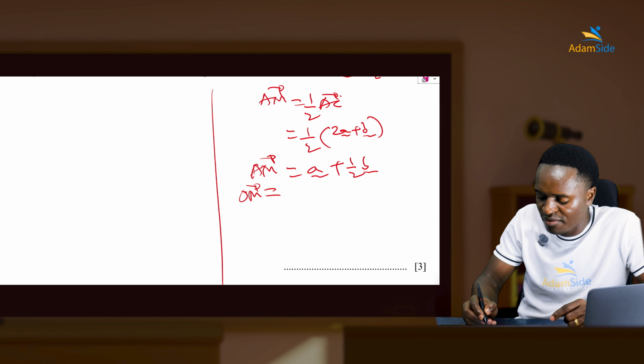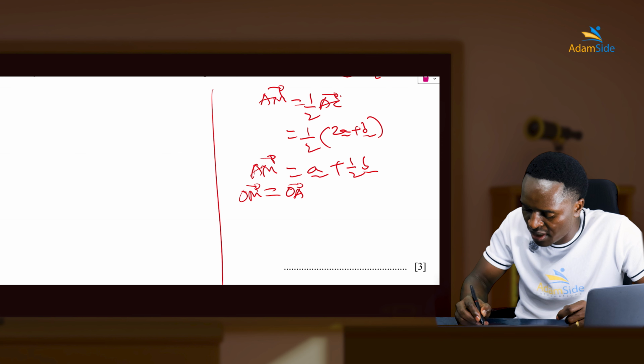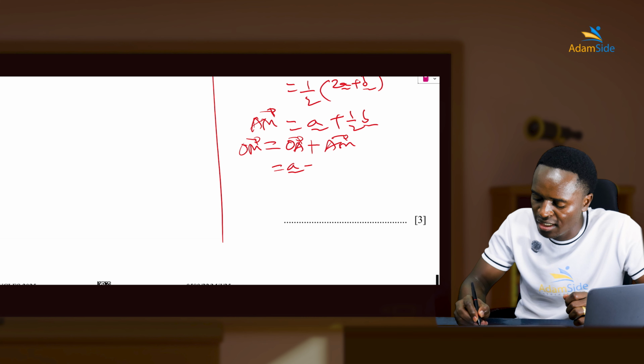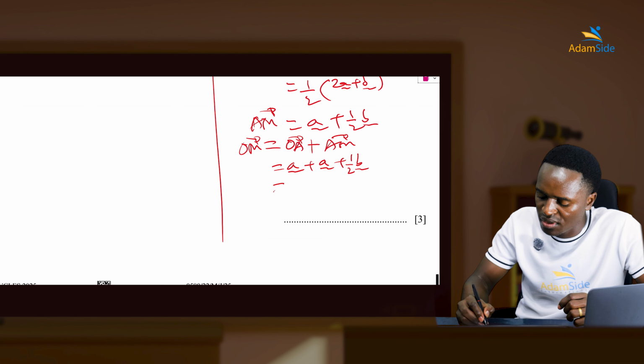Vector OA is A, and vector AM is A plus a half B. So you get A plus A, which is 2A, plus a half B.